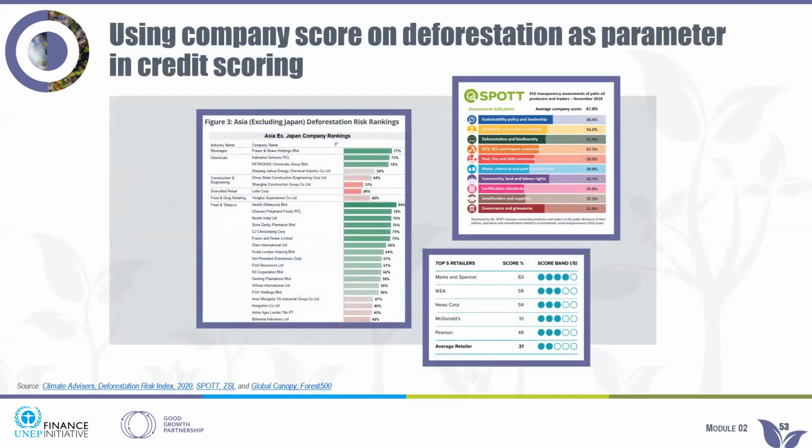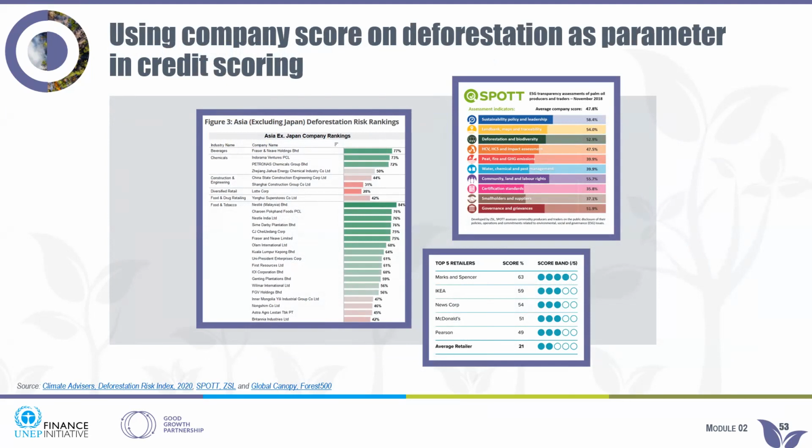So looking first at some examples of scoring and rating models. The screenshot on the slide gives examples of different NGOs' deforestation scoring tools that give companies a rating based on their performance in addressing and managing deforestation.